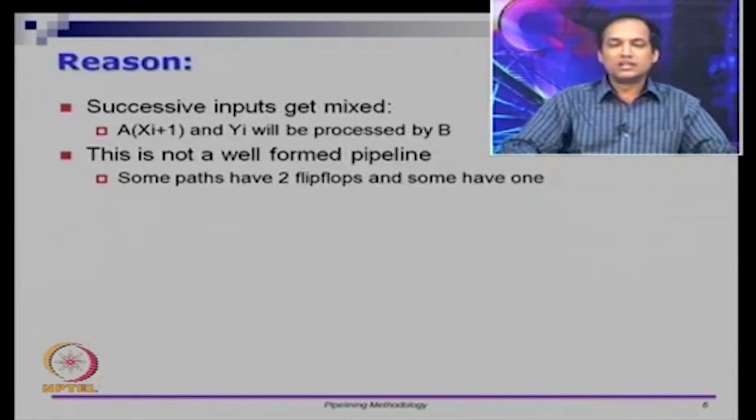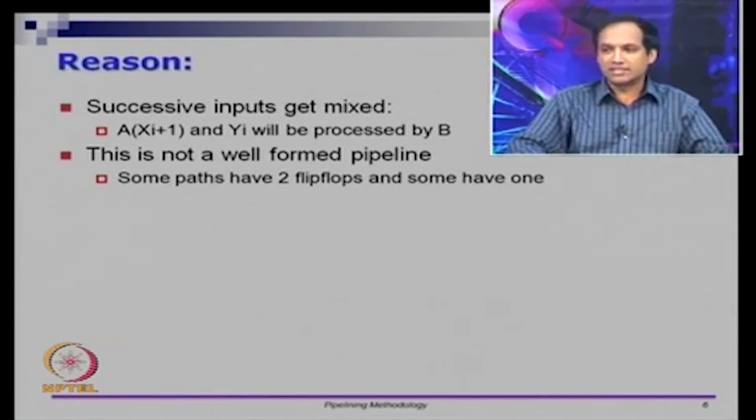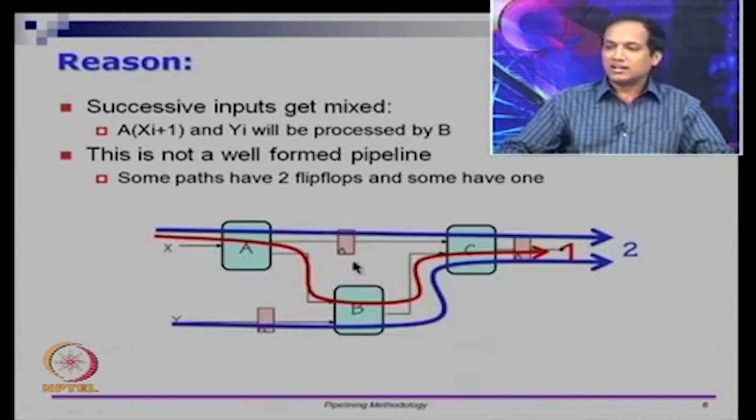The reason why it is called a bad pipeline or an ill formed pipeline is that successive inputs will get mixed. If you look at the picture here, A of x(i+1) comes through here. Let us say I place x(i) here, in the next clock cycle it will come here.